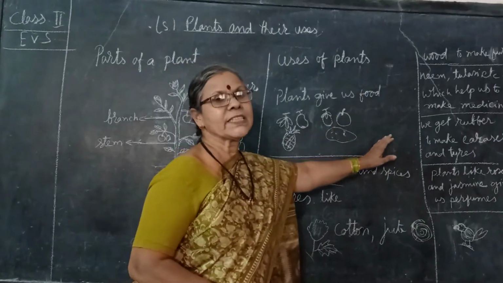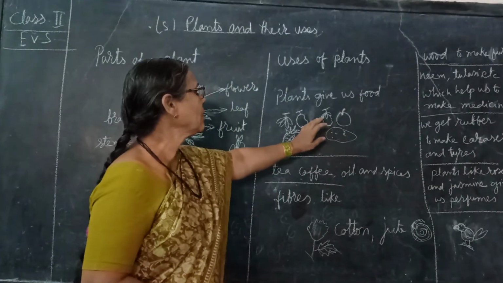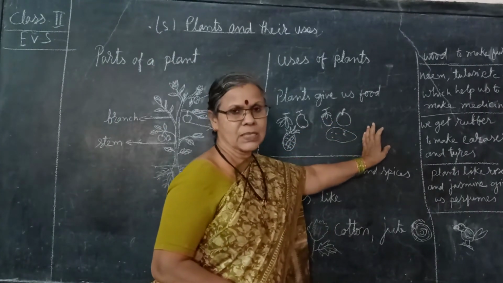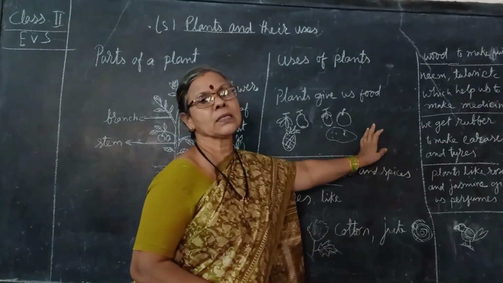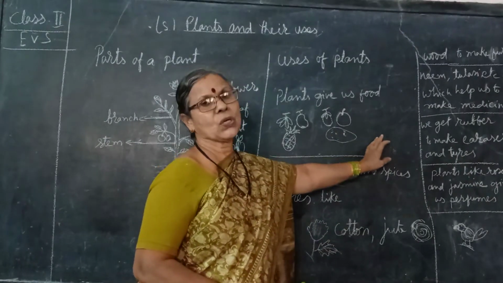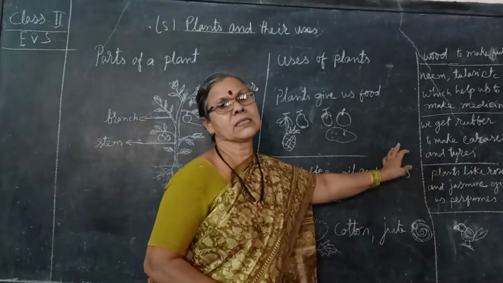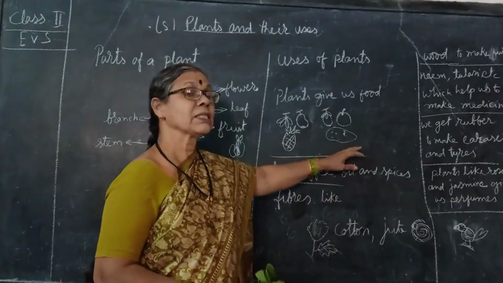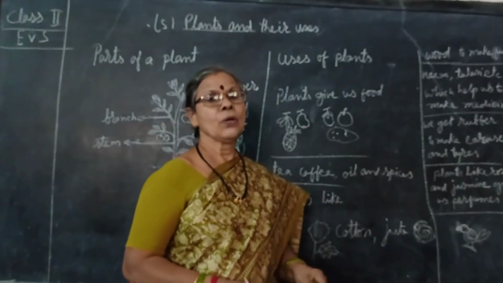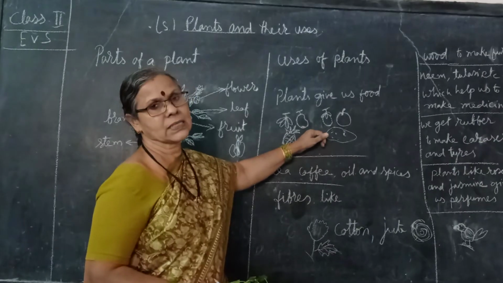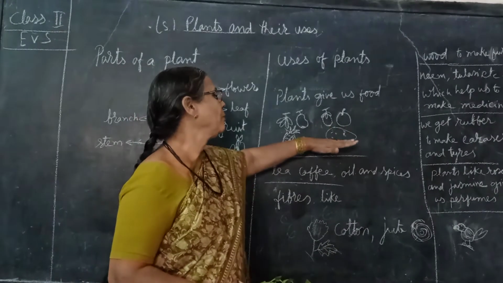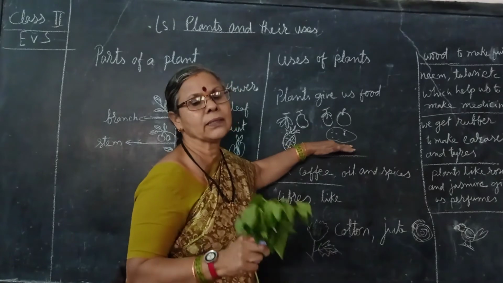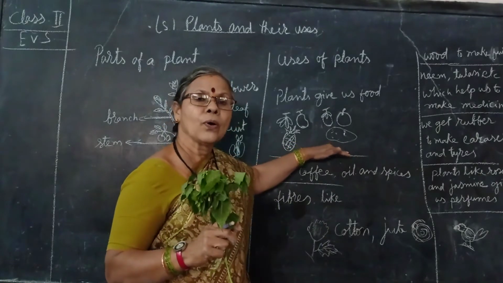Then we get vegetables also. What are the vegetables? Potato, brinjal, tomato, etc. All the vegetables, and the leafy vegetables, are also very important for us. We make use of all the parts of the plant for eating also.